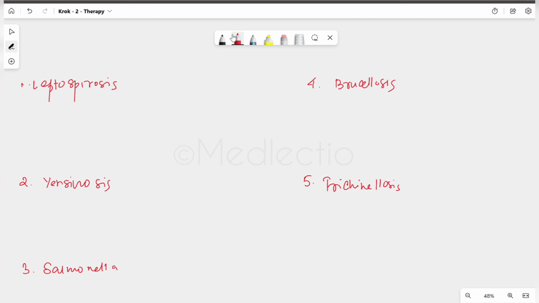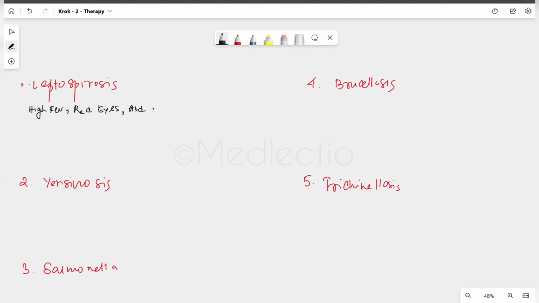Some specific things. So leptospirosis, what happens? High fever, then jaundice.